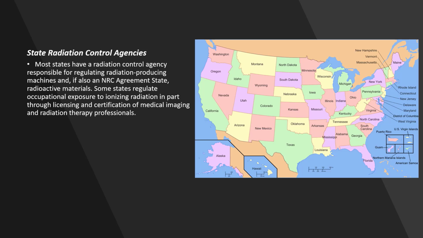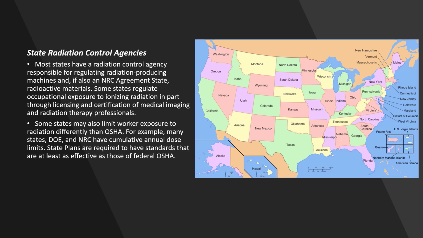Most states have a radiation control agency responsible for regulating radiation-producing machines, and, if also an NRC agreement state, radioactive materials. Some states regulate occupational exposure to ionizing radiation, in part through licensing and certification of medical imaging and radiation therapy professionals.